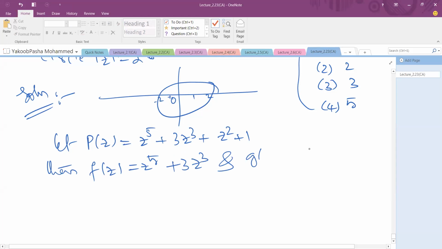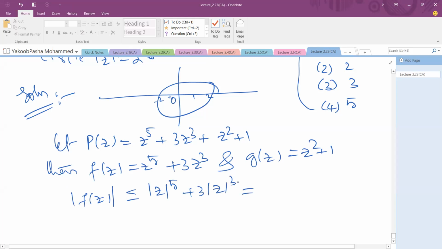Then modulus of f of z is less than or equal to modulus of z power 5 plus 3 into modulus of z whole cube, with mod z equal to 2, so 2 power 5 plus 3 into 2 power 3. This is 8 times 3 is 24, 32 plus 24, that is 56.